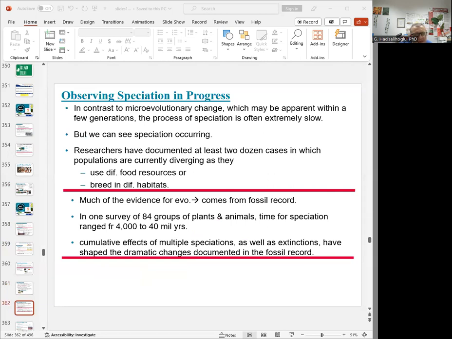So there are other examples comparing to this situation, which again shows divergent evolution. These birds do have a most recent common ancestor, but they changed.